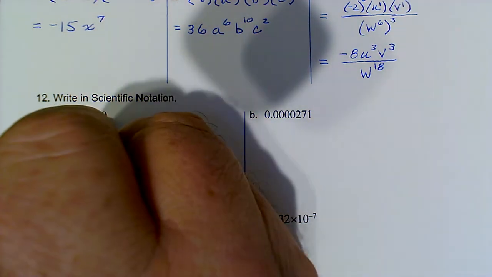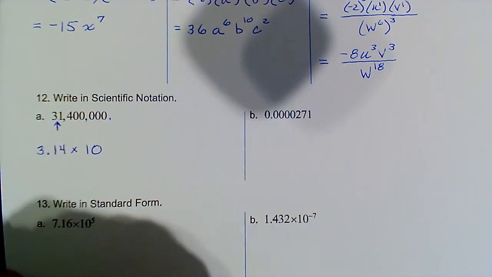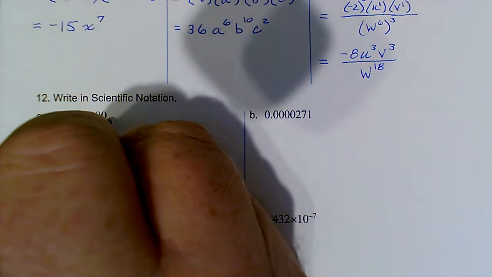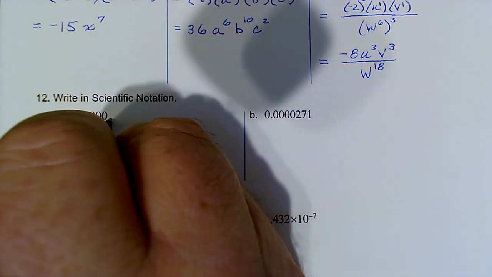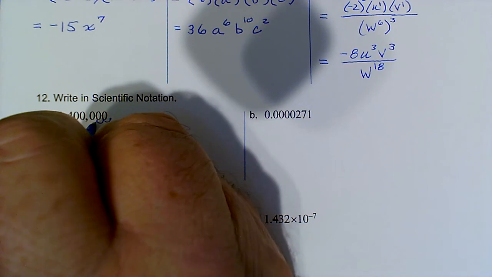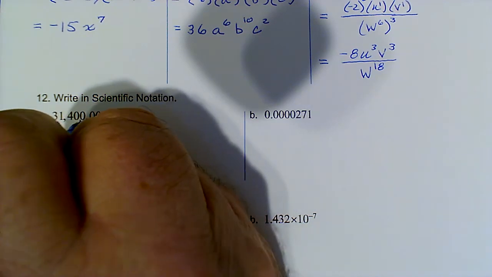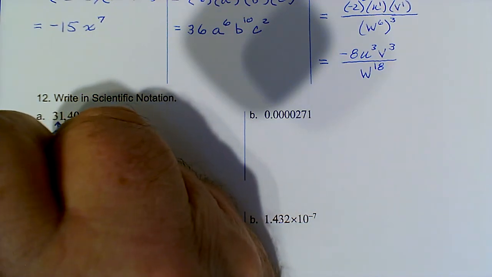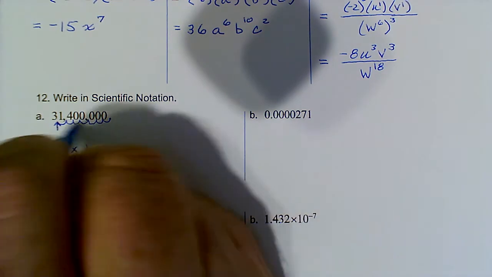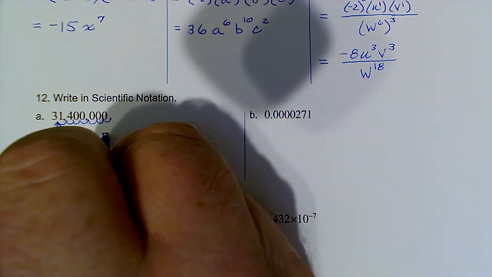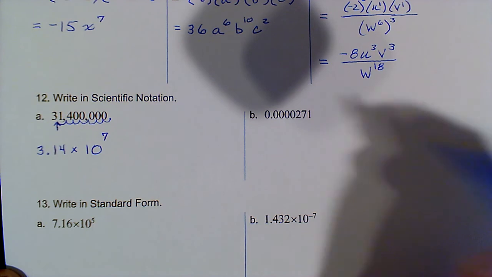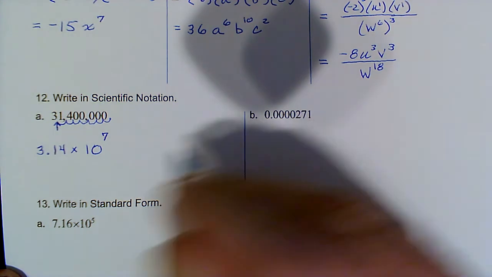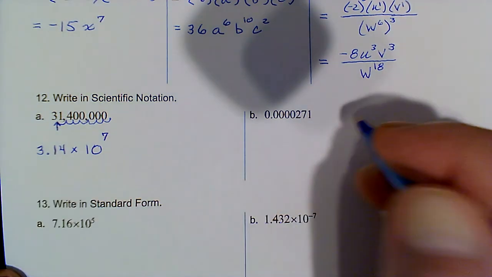So in this case, you could use little loops, the decimal point is on the end here, following the last 0, and you can count 1, 2, 3, 4, 5, 6, 7. And because the number is bigger than 1, the exponent's going to be positive.